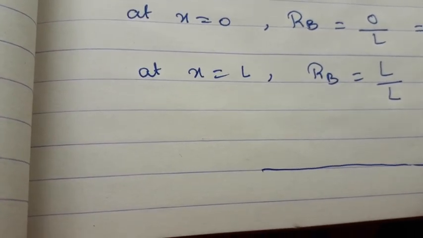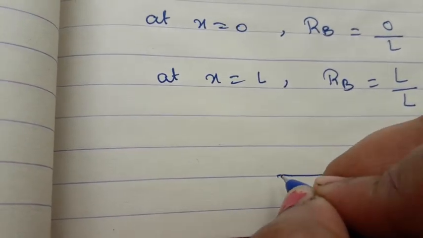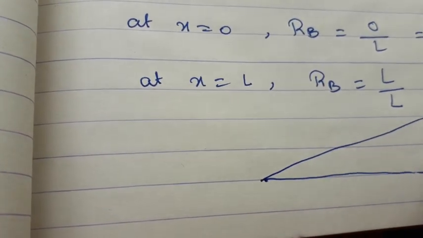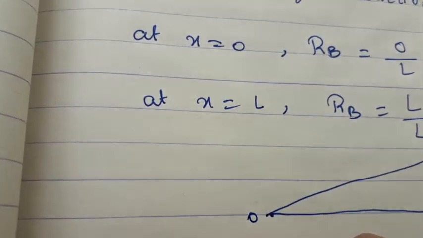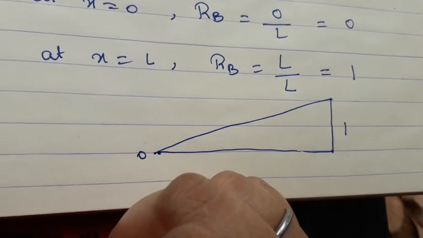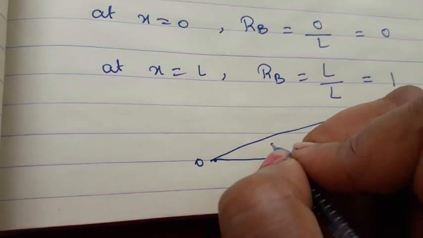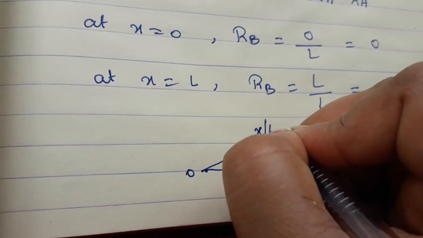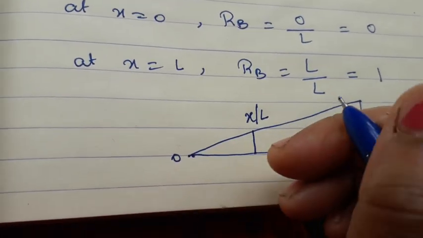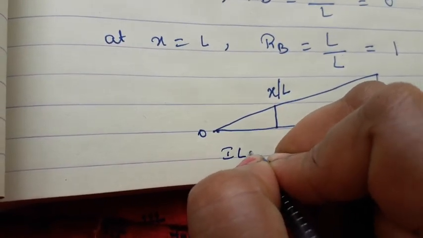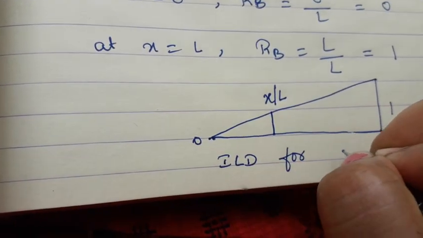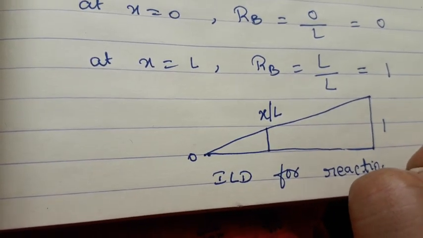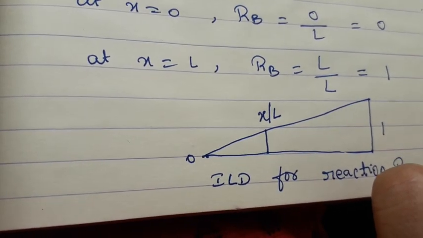At x is equal to 0, it is 0. This is 1, this is 0. At point C it will be x by L. This is called the influence line diagram for reaction RB.